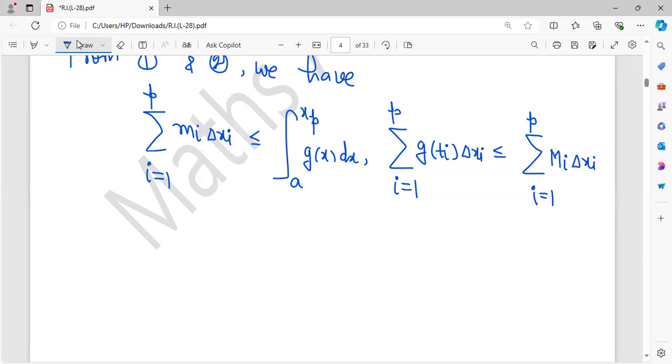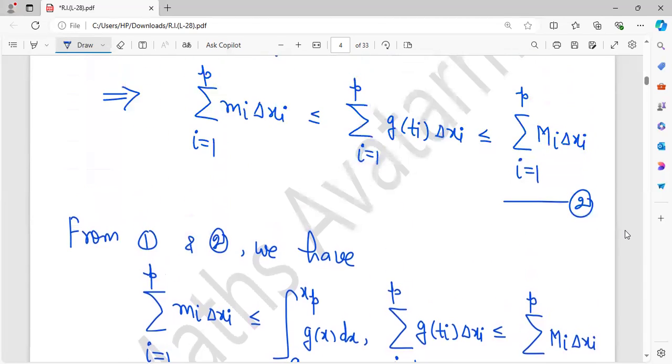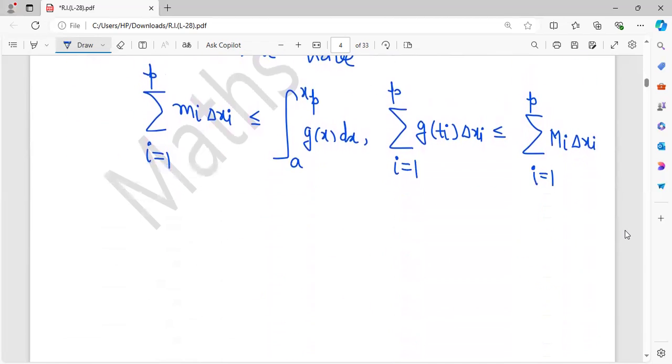Okay. So their difference will also be less than, because these two inside quantities lie between this summation and this summation.